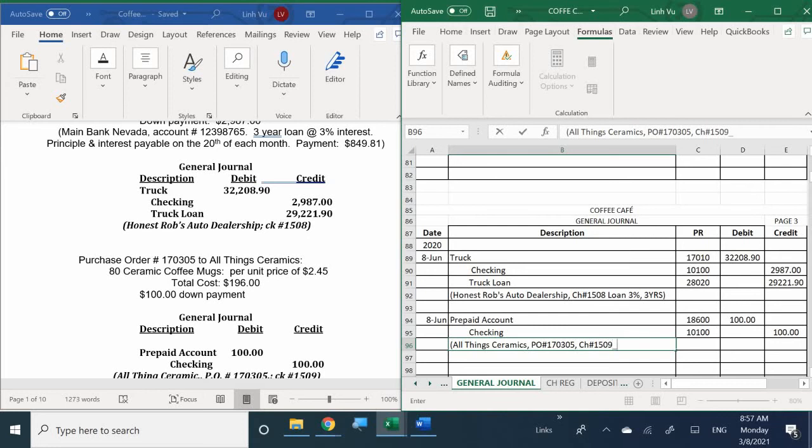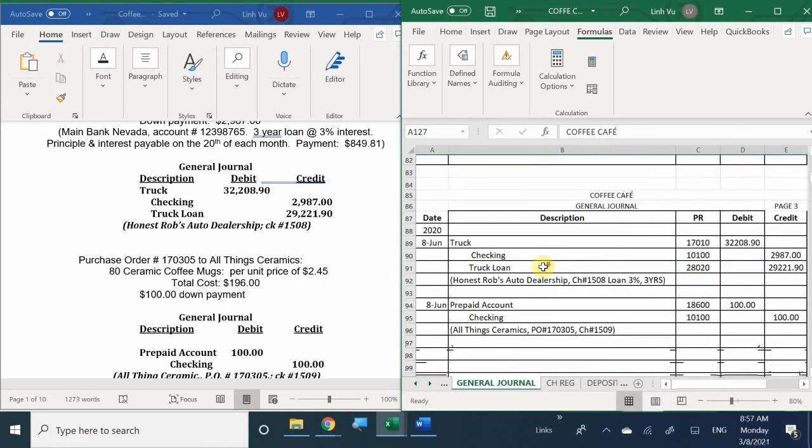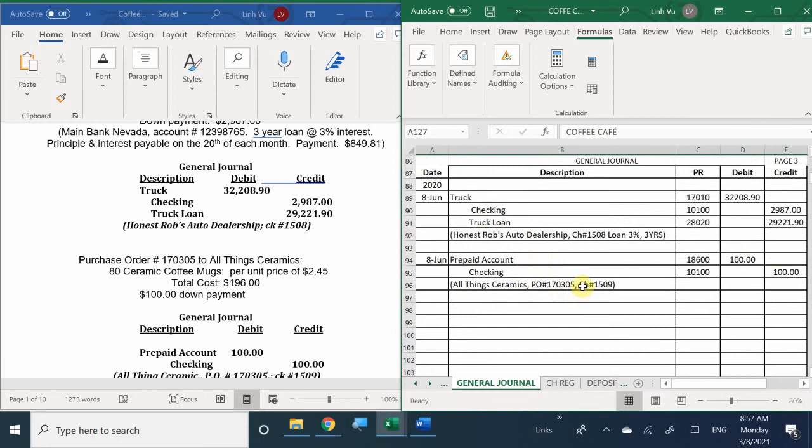You can write $100 down payment, whatever you feel is necessary to complete this description. I'm going to add that 100, DOWNPMT, down payment check number 1509, and there you go. I've completed that journal.